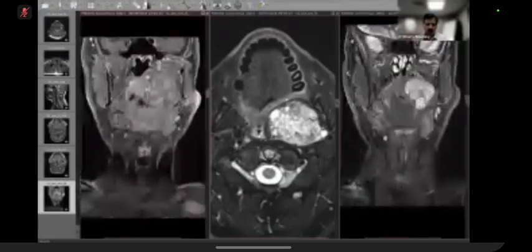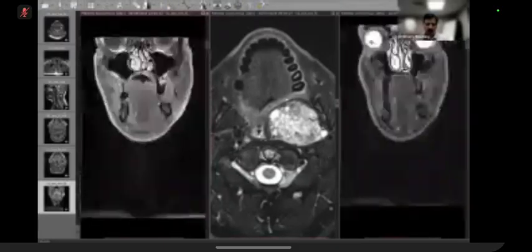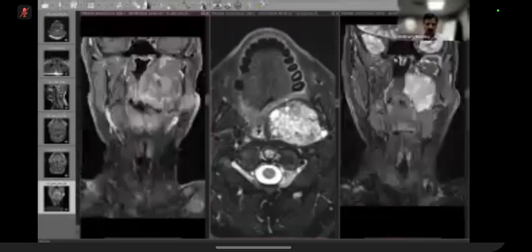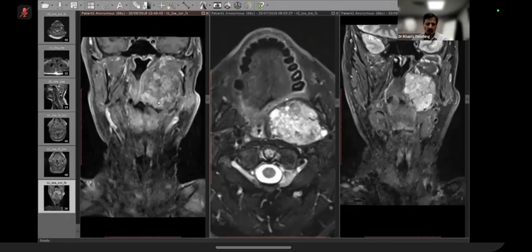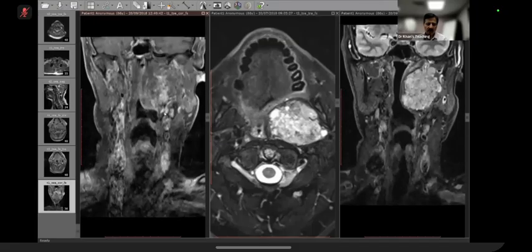I showed you the differential diagnosis of the masticator space, and this is how you diagnose head and neck specific tumors. Okay, let's continue.